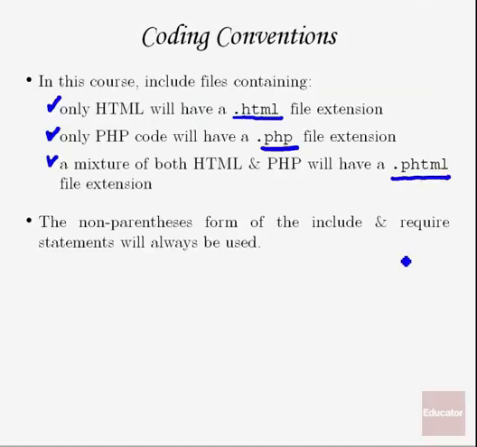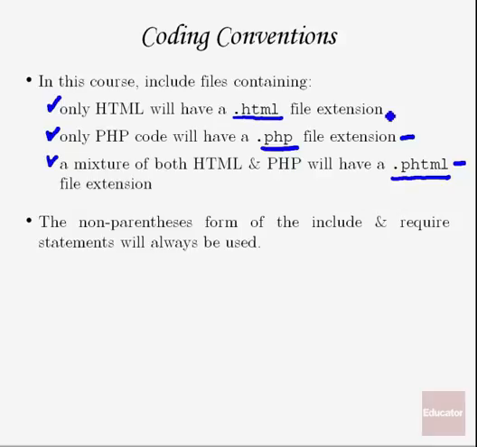Basically, this is just a convention that makes it easier to understand what's actually contained in an include file when you see it. For example, if it has a .php or .phtml extension on it, we know that there's executable PHP code in there. So if we're getting an error in our application, we know to look in those files to possibly find the source of an error.